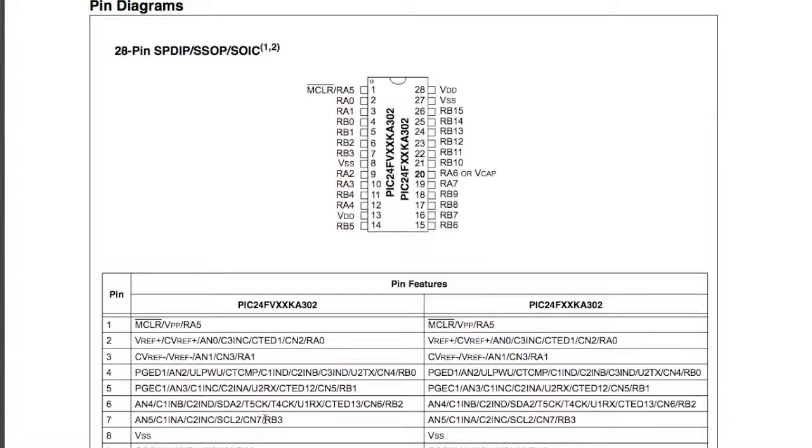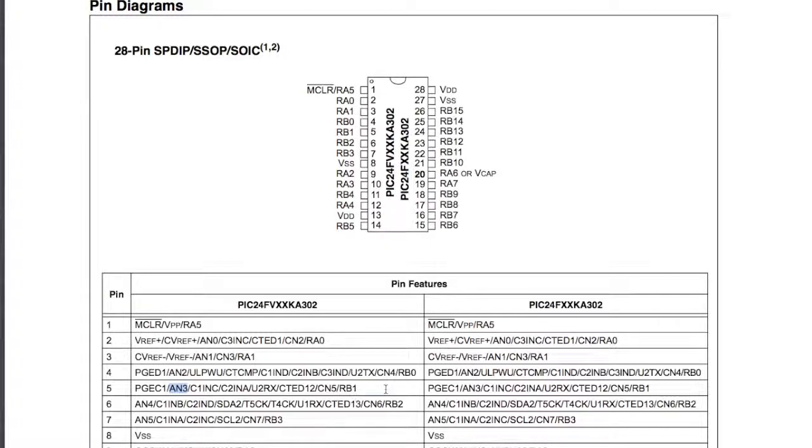Another example could be if we're looking at, say, RB1. Well, RB1 is a digital input or output, and AN3 is an analog input. So we cannot have those two operating at the same time, but it's really important that we set those pins to either be using analog or digital. We can't use them both.